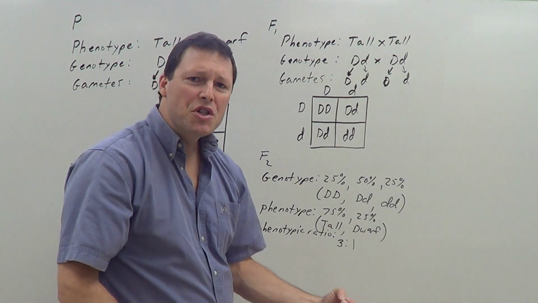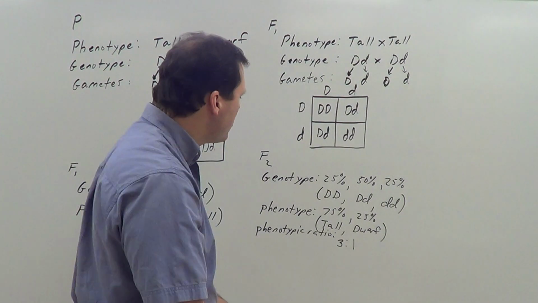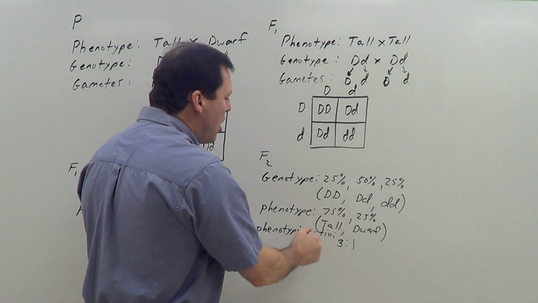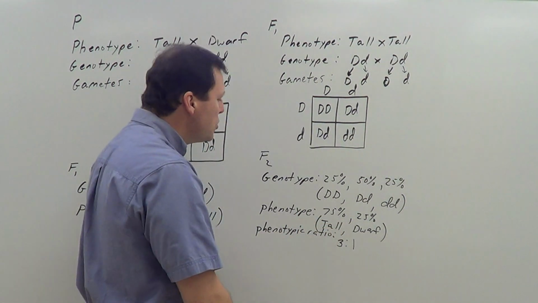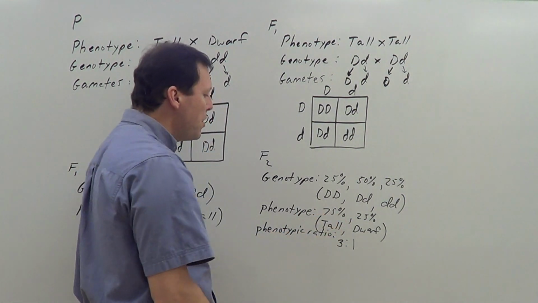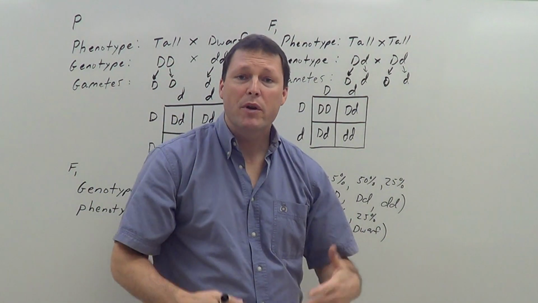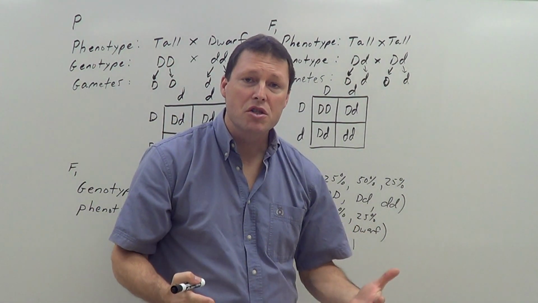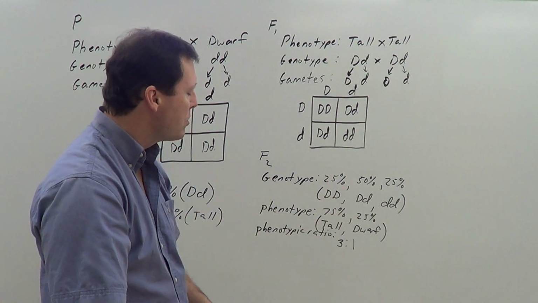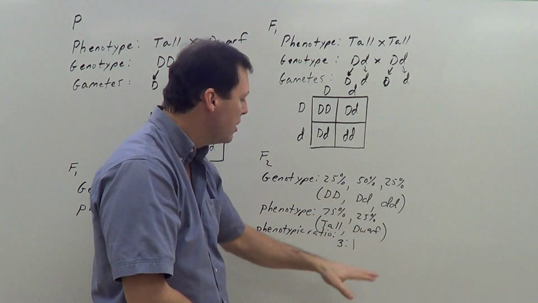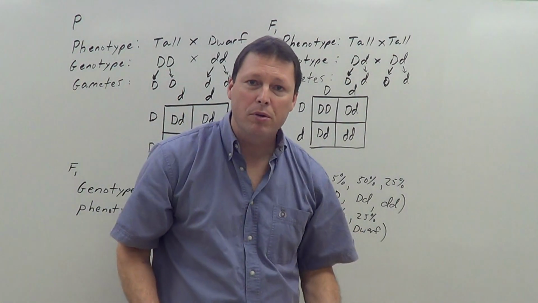When I plant those seeds, how many of those seeds would be expected to be tall? Out of the 100, how many would be expected to be tall? Well, what's 75% of 100? 75. I would expect 75 of those seeds to result in tall pea plants. And 25% of those seeds, or 25 out of the 100, to result in a dwarf pea plant.